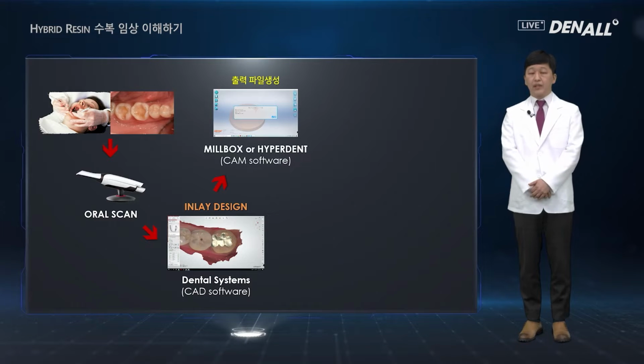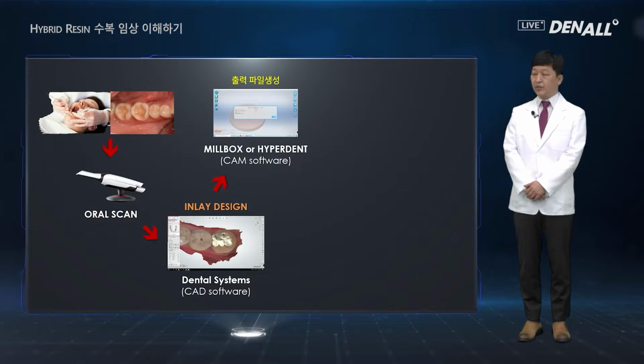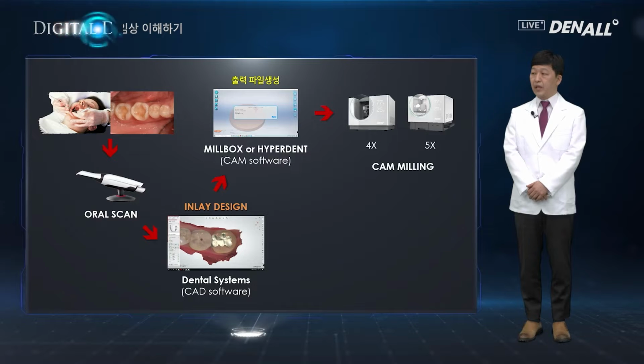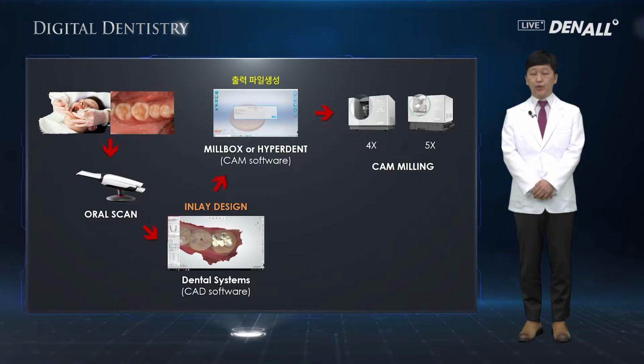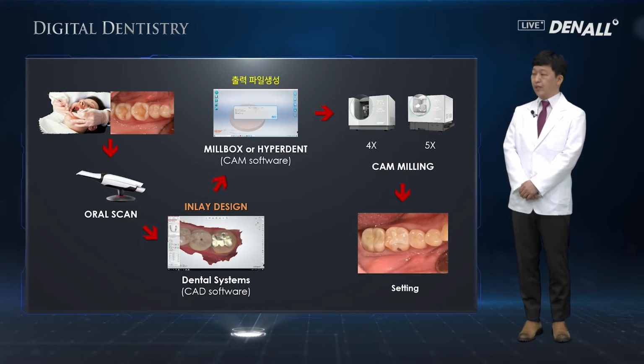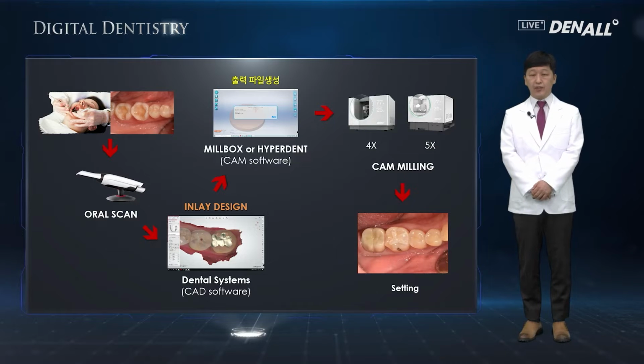In order to mill it using a milling machine, CAM software is used and an output file is created. After that, a 4-axis or 5-axis milling machine is used to mill the inlay. It is bonded to the oral cavity.